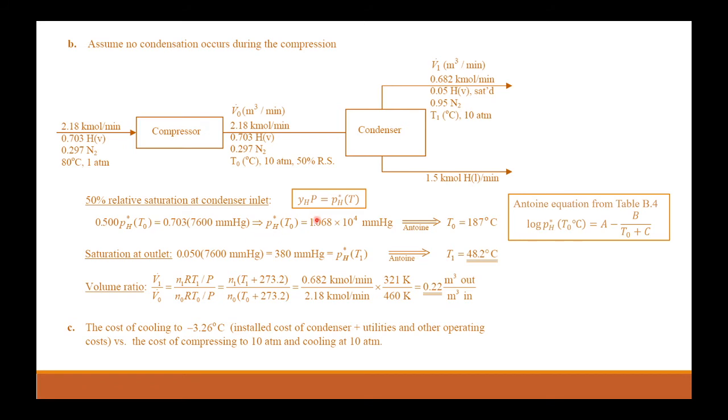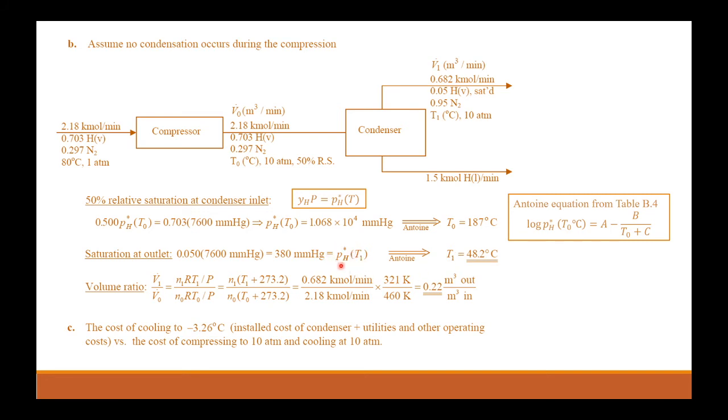So YH multiplied by the pressure in that stream, which is 10 atm as well, 7,600 mmHg, gives us 380 mmHg, and this equals your hexane vapor pressure in this stream.